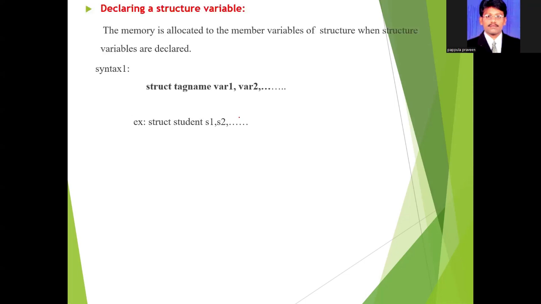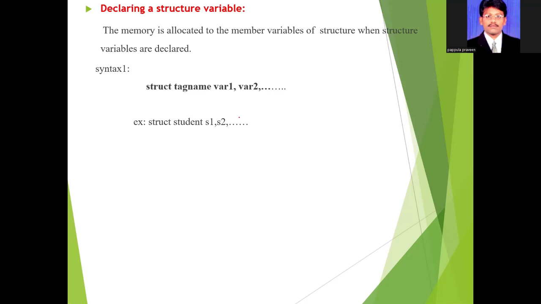Sometimes we have to create more than one structure variable. I think everyone knows the variable declaration int a. What do you mean by int a? It allows one integer value. Int a, b: a is one variable, b is another variable. In the same way we can create more than one structure variable.